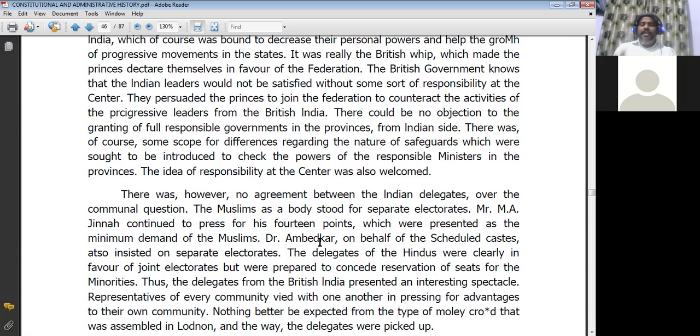The delegates of Hindus were clearly in favor of joint electorates, but were prepared to concede reservation of seats for the minorities. Thus, the delegates from British India presented an interesting spectacle, and the representatives of every community vied with one another in pressing for advantage to their own community.